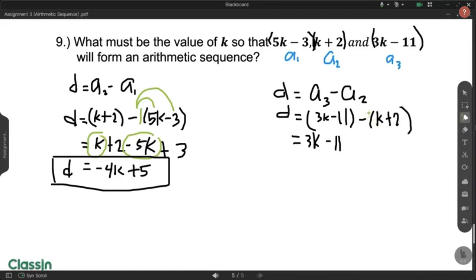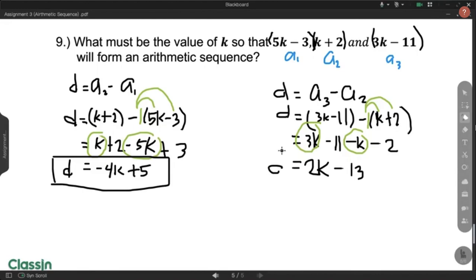Remember, there is a negative 1 here outside, so we distribute it to each of the terms inside the parenthesis. Negative 1 times k is negative k. Negative 1 times 2 is negative 2. Combine the like terms. 3k minus k is 2k. Negative 11 minus 2 is negative 13. And that's also our D.